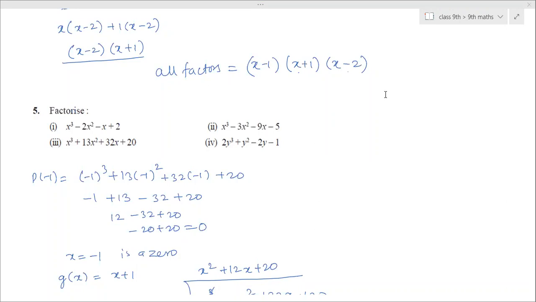I'm in the third step. Yes. I'm going to tell the answer of the fourth one. Fourth one is 2y plus 1, y plus 1, y minus 1. Yes, ma'am. Thank you, ma'am.